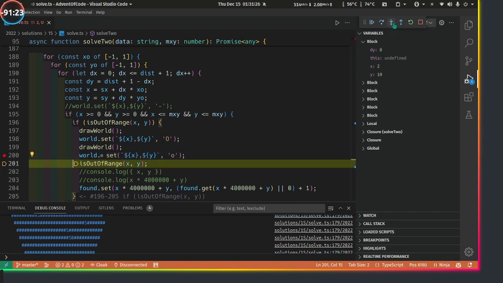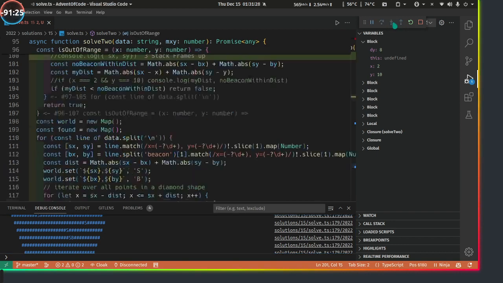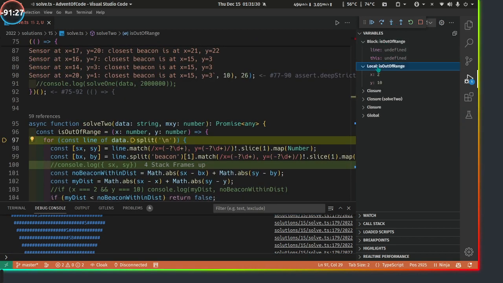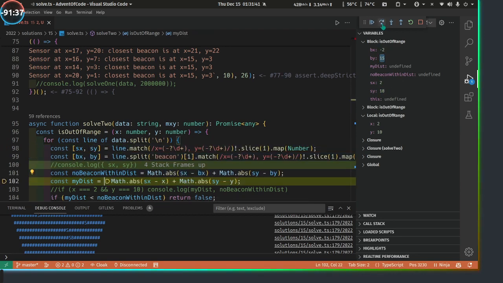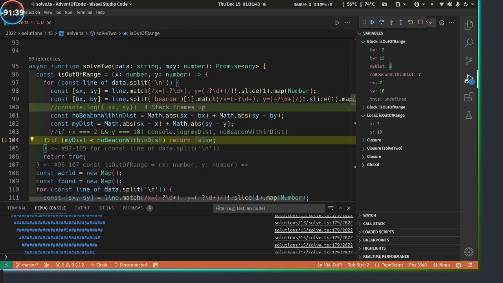Wait, what is your X and Y? X2, Y10. Something is wrong with you. Right, so distance is 7, my distance is 8. So I am 1 away from 218. I guess that makes sense.